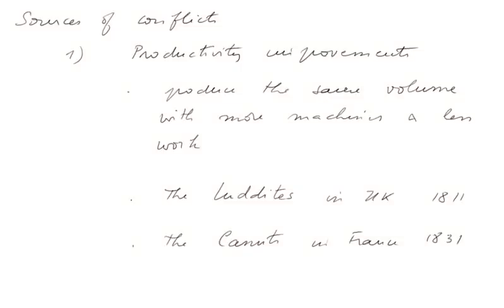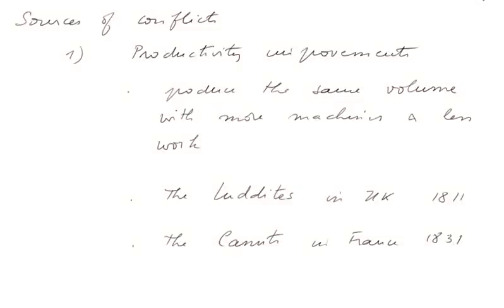In the history of industrial firms, since the Industrial Revolution, there were several social movements of workers trying to destroy machines. The first one is the Luddites in the United Kingdom in 1811, and another one is the revolt of the Canuts in France in 1831. Both were in the textile industry.